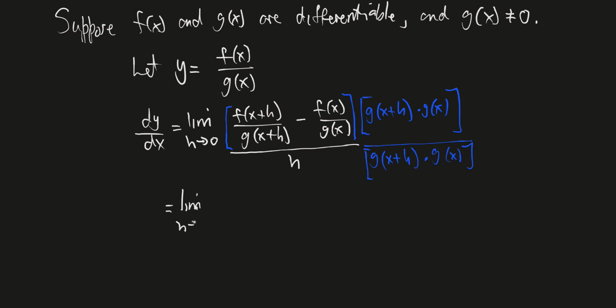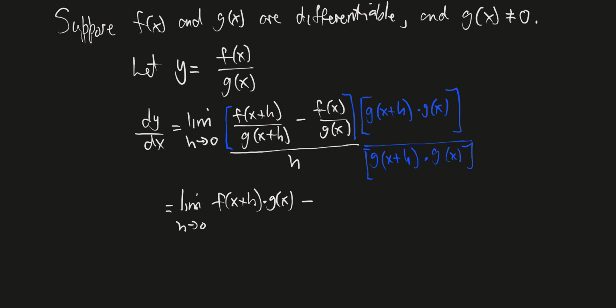So we'll have the limit as h approaches 0. So if I take this product and multiply the first fraction, the g of x plus h will be reduced. So I'll be left with f of x plus h times g of x. So let's write that down. F of x plus h times g of x minus, now when I take the second fraction and multiply what I have in blue, the g of x will be reduced.